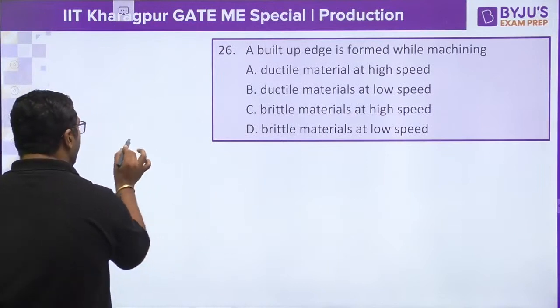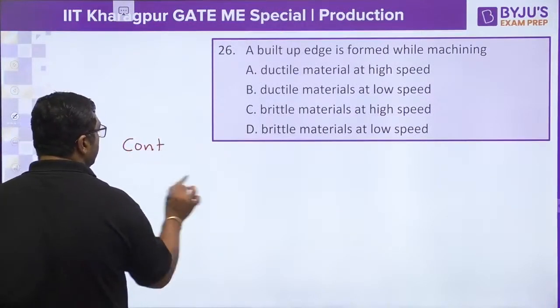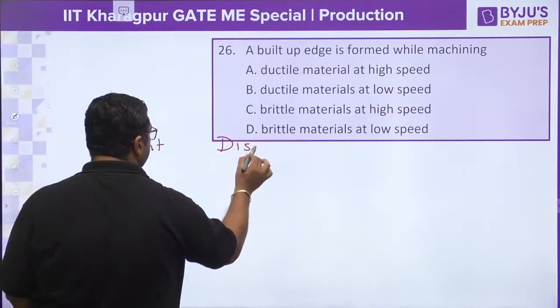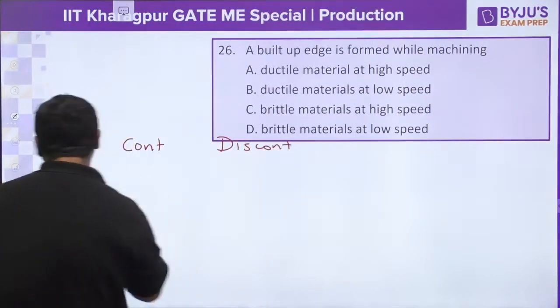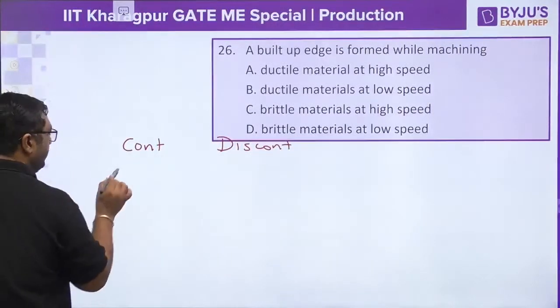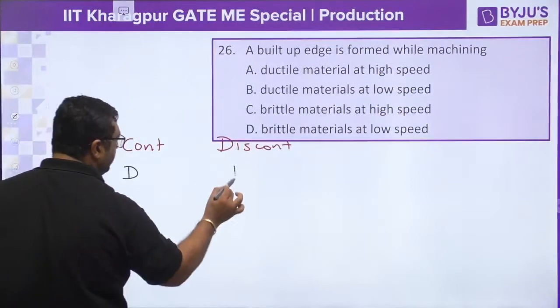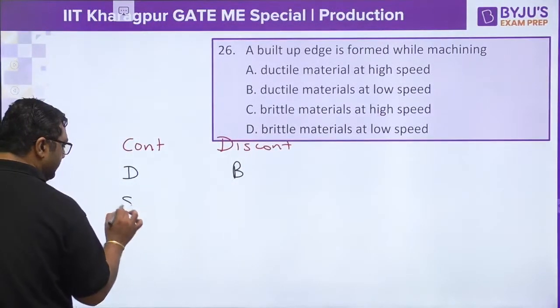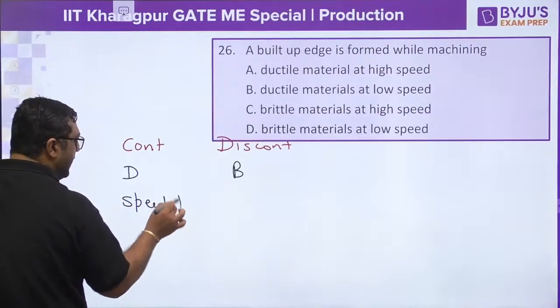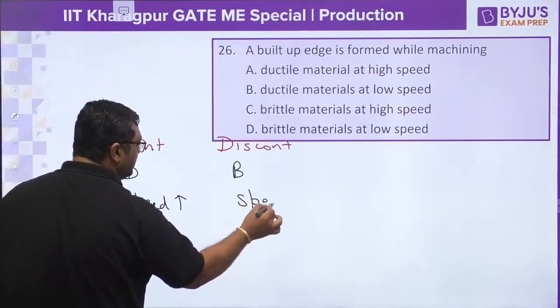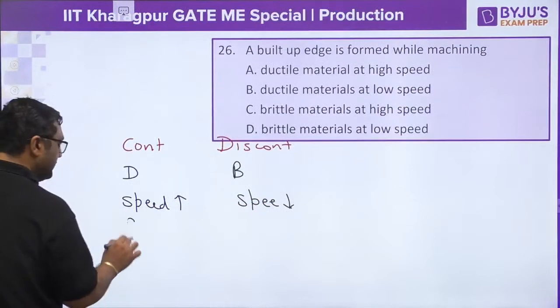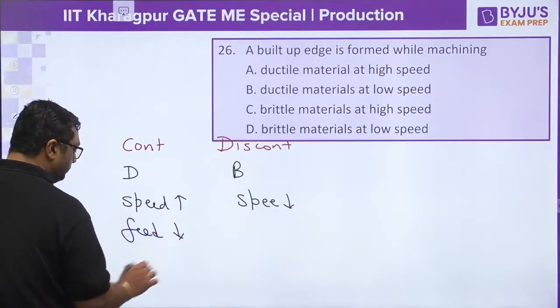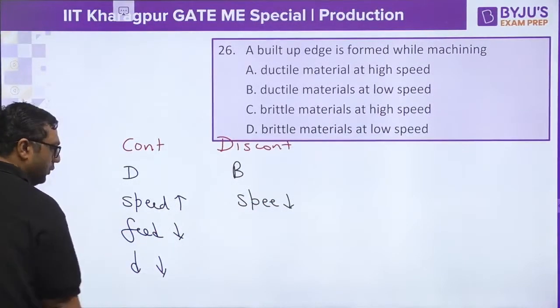So my dear, I would like to say that whenever we want continuous chips and discontinuous chips, the criteria is like that. Continuous chip you will get when the material is ductile. You will get discontinuous when the material is brittle. Continuous when the speed is high, discontinuous when the speed is low. Continuous when the feed is low and depth of cut is low.